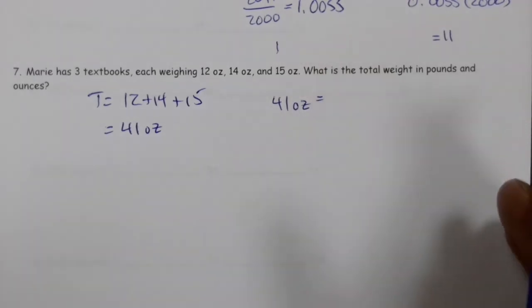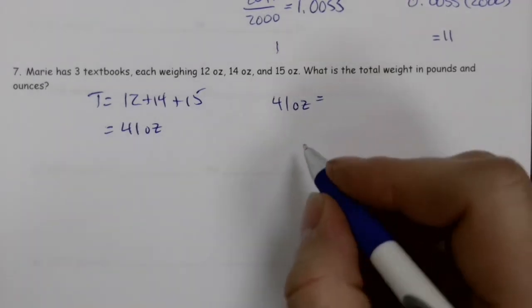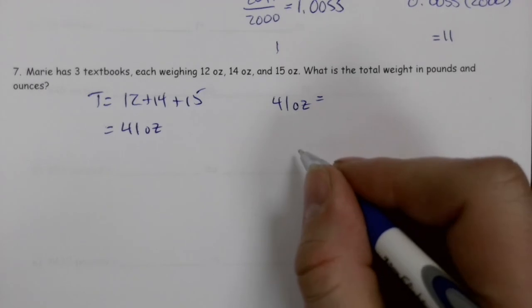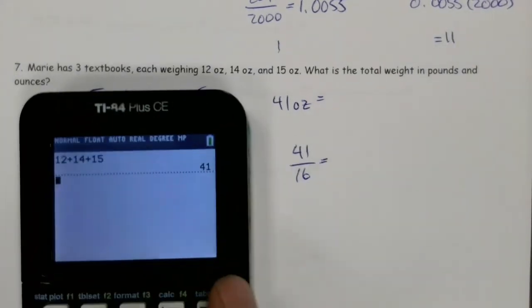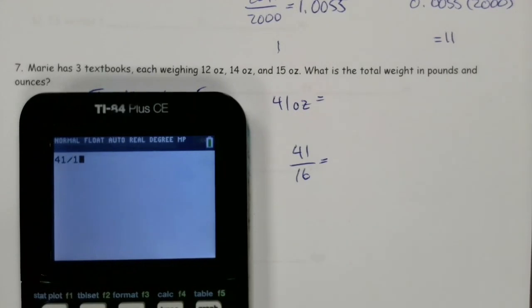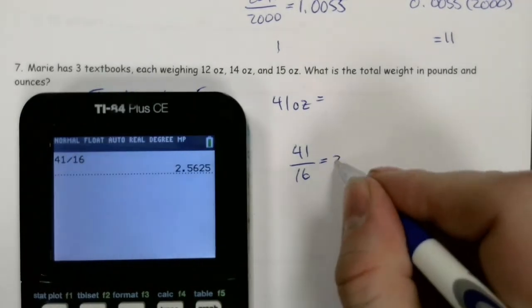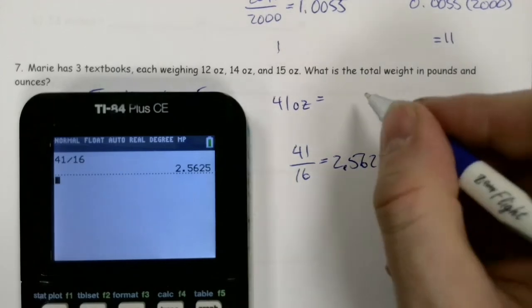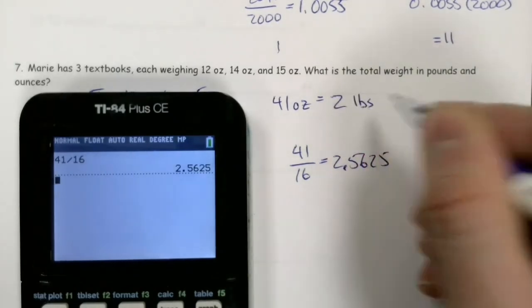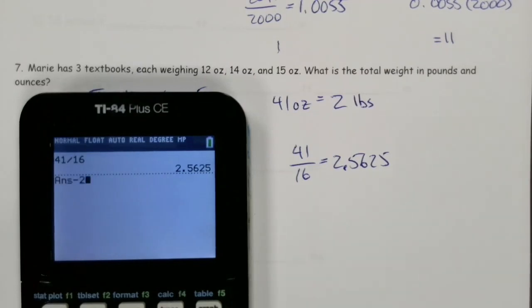And we know that there are 16 ounces in a pound. So 41 ounces divided by 16. Pull out the calculator. 41 divided by 16. We get 2.5625. So I know that there are 2 pounds. So we subtract the 2 because that's that bit of information that I was given.